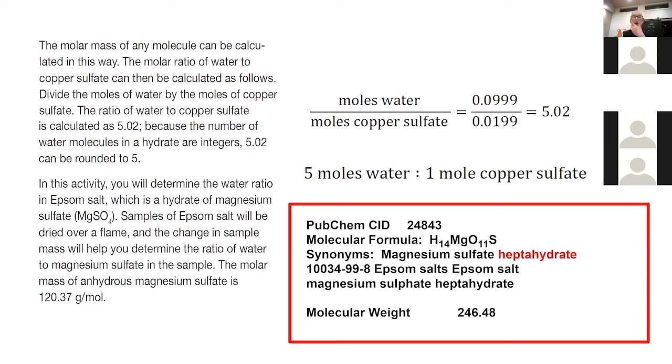So when we do our moles of water to moles of magnesium sulfate, what we hope to get is an answer of around 7. Because if you look up the molecular formula for magnesium sulfate heptahydrate, you get this.